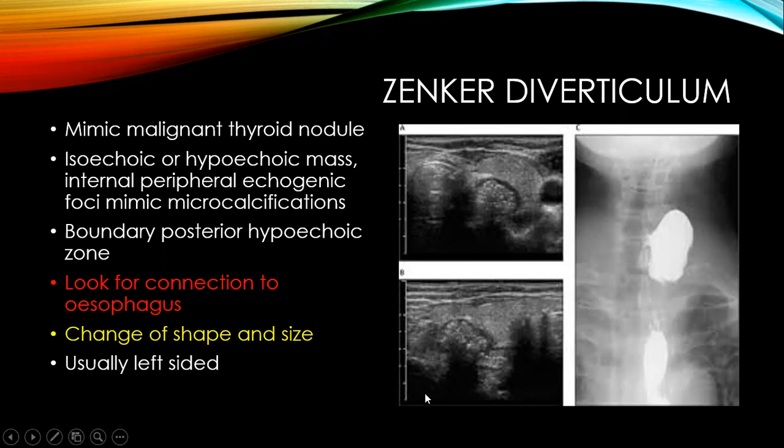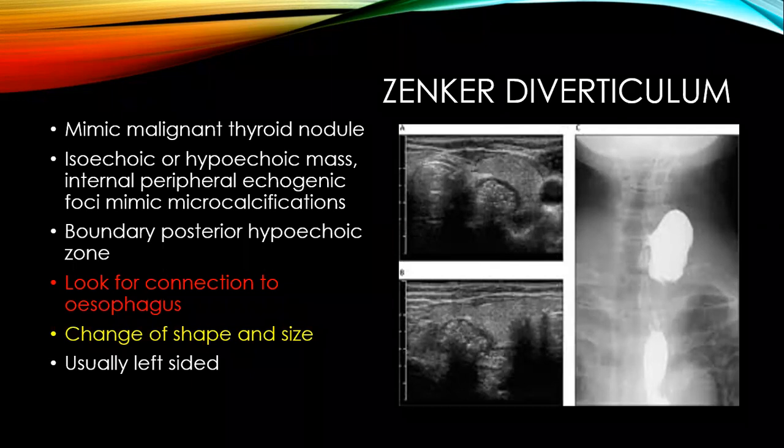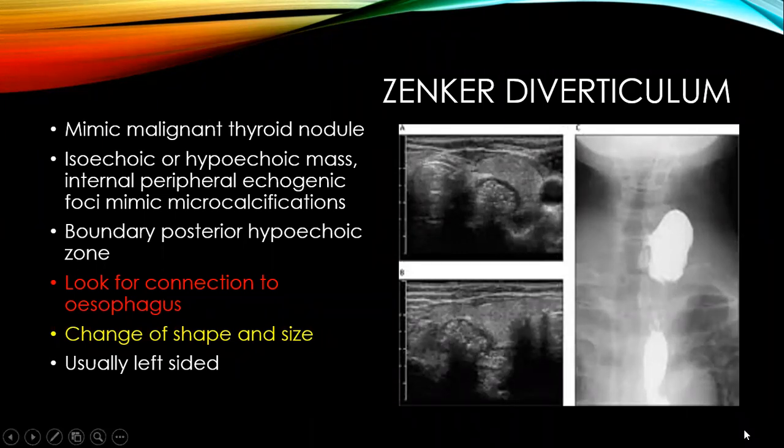It can change during the scan or after, or even after you biopsy the lesion. Most of the time, it's left-sided, but it can also be found on the right side. So this is just a barium swallow image showing our diverticulum, this one, which has been filled in with barium.